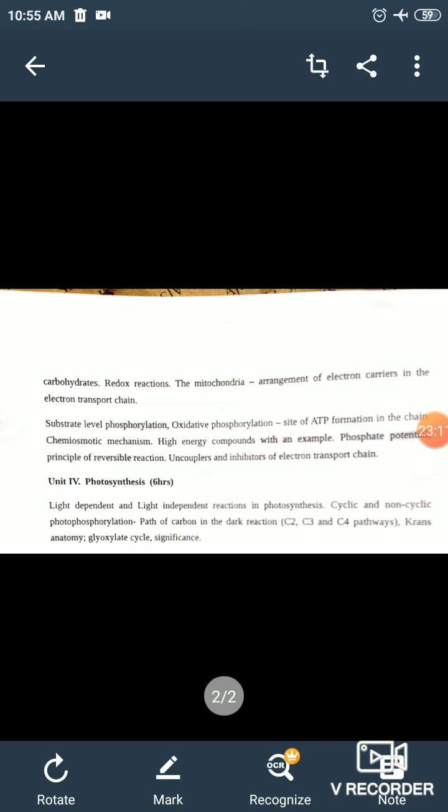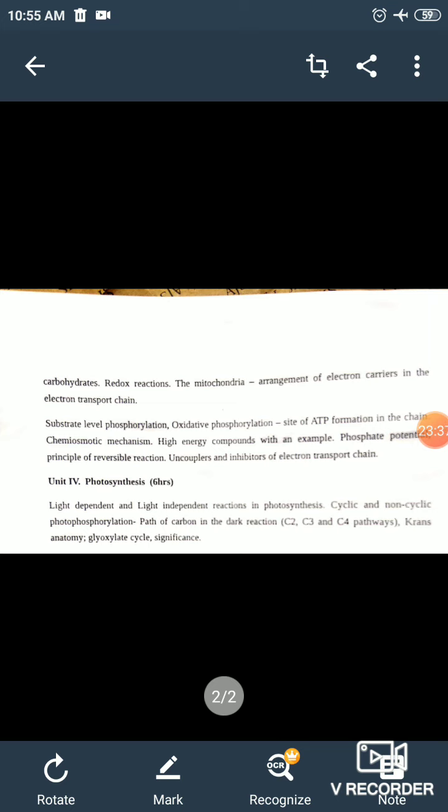As we all know, photosynthesis is the primary, very important metabolic pathway which keeps life on earth. Without photosynthesis we could not survive, because we animals are all consumers.